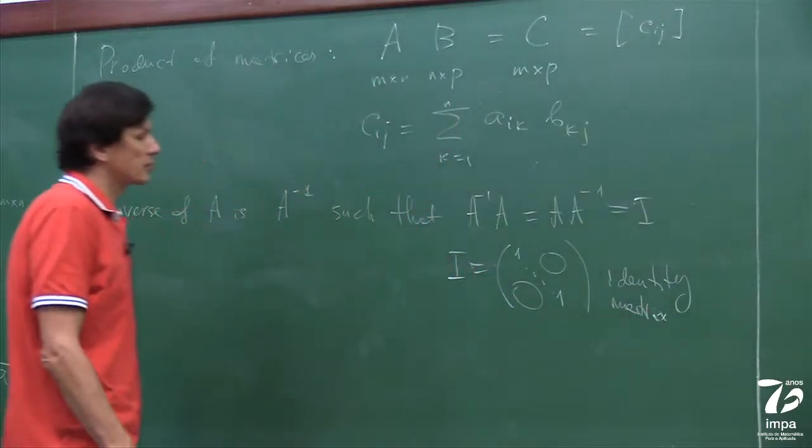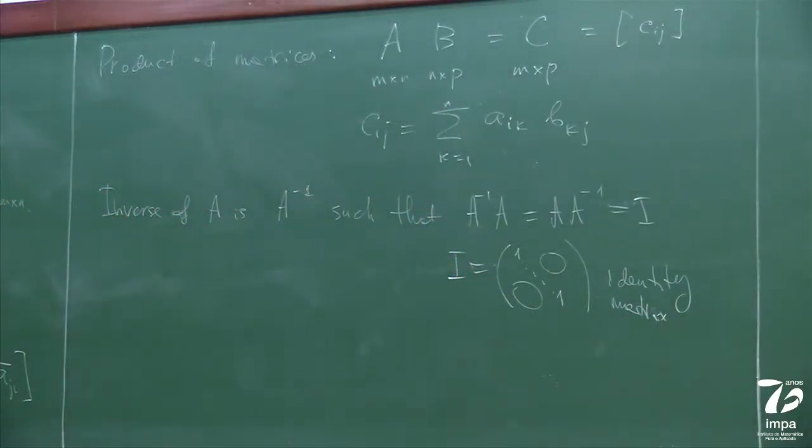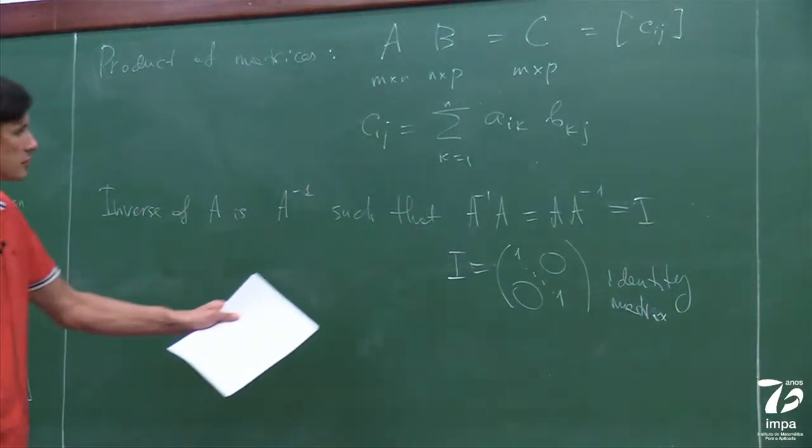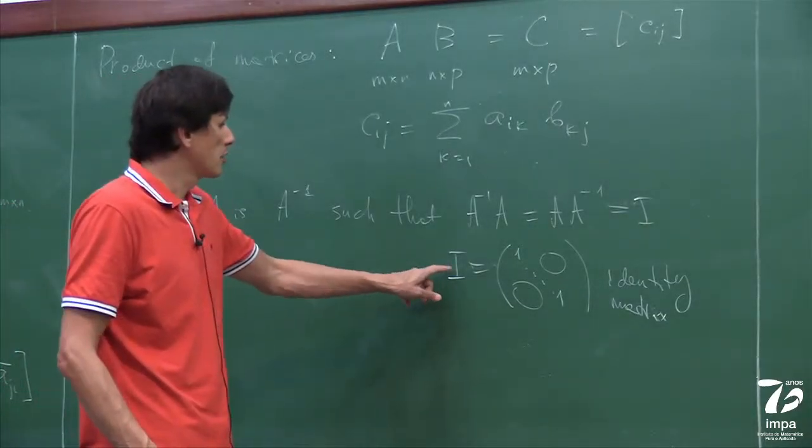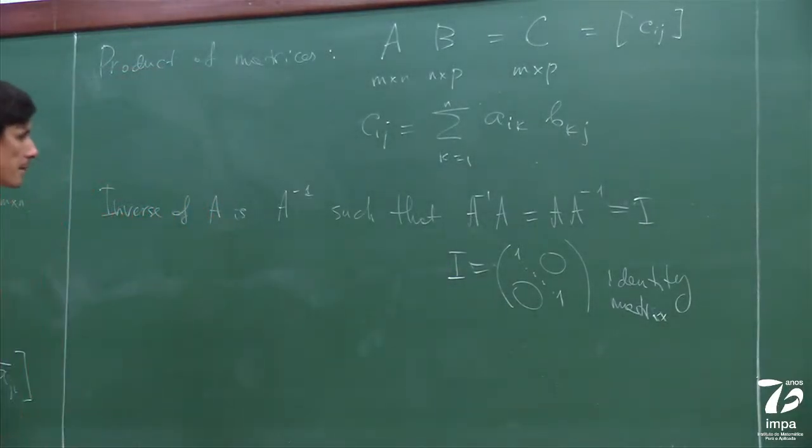The identity matrix has only unity on the diagonal, and 0 otherwise. When you multiply any matrix by I, it doesn't change.